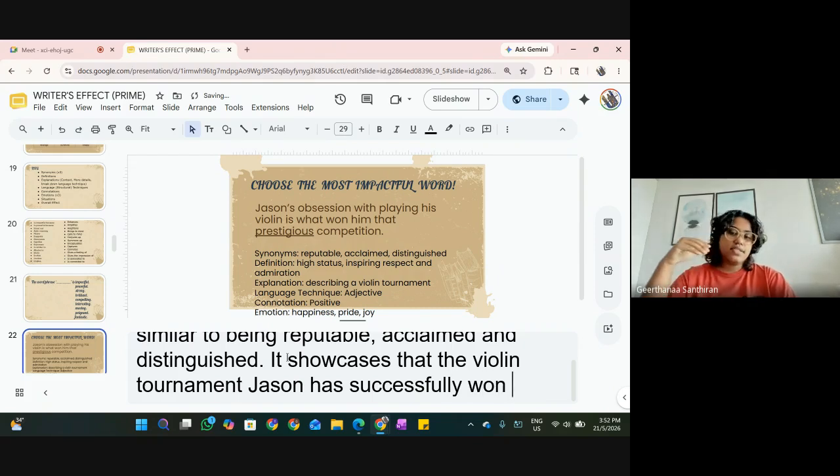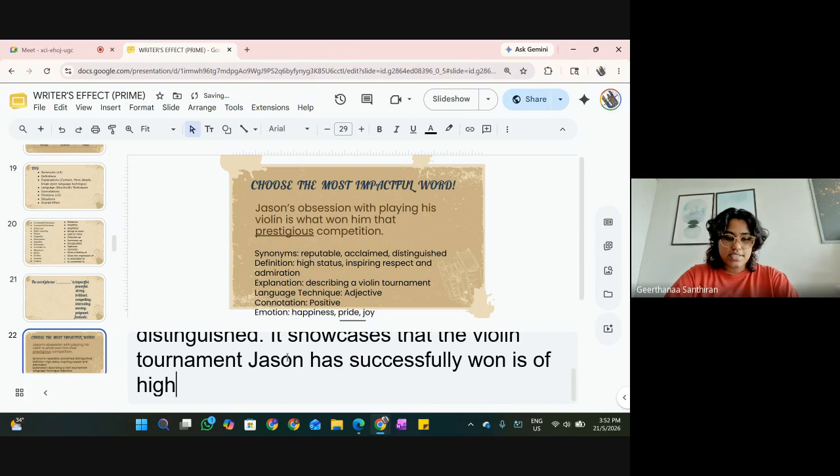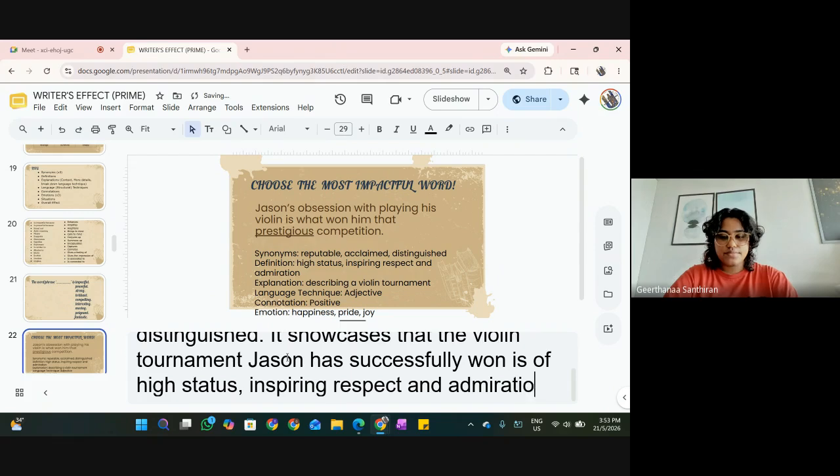Okay, then here is a good opportunity for us to put the definition, right? Is of high status, inspiring respect and admiration. Okay, so we put the definition there.